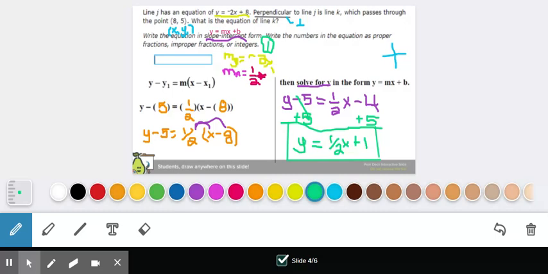Then we found our new slope and used that to fill in the point slope formula. And then we solved for y. I'll let you screenshot or pause for a minute so you can work.